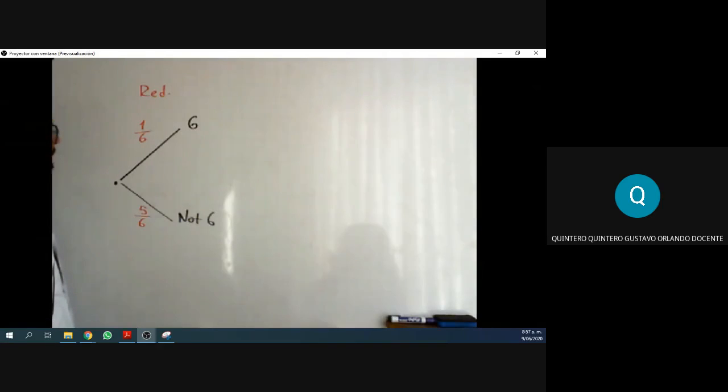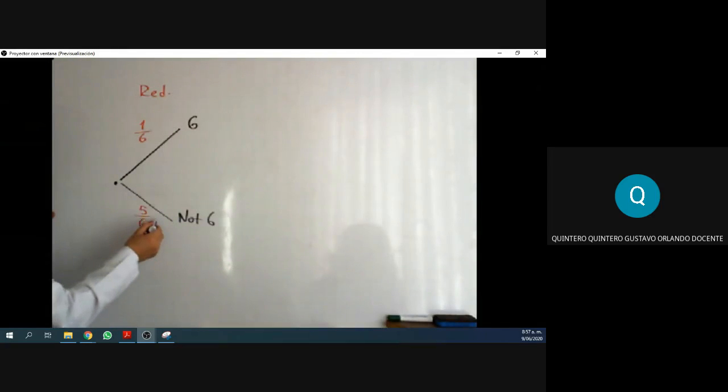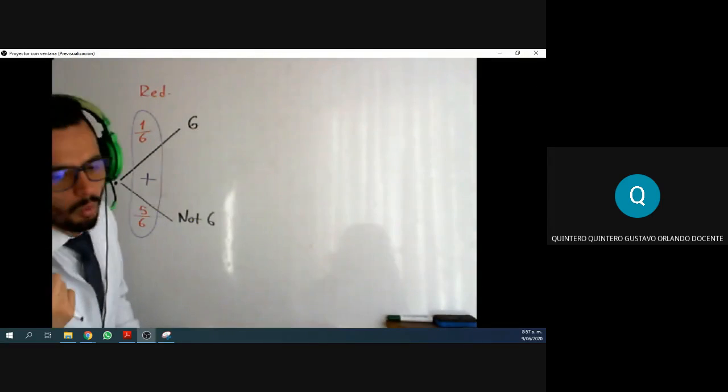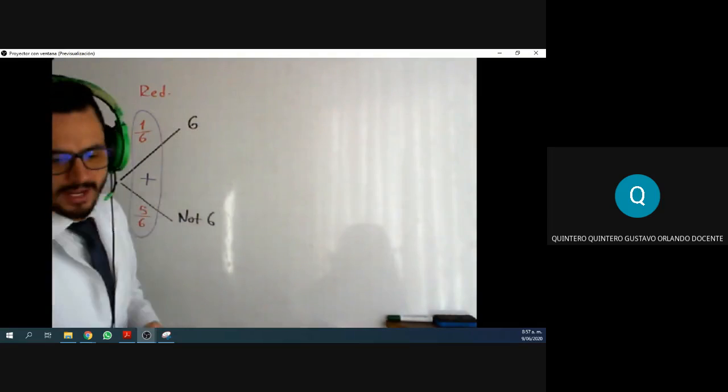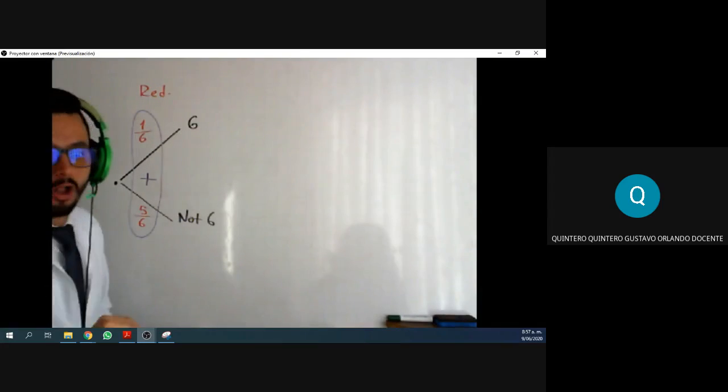And that will continue happening for the entire diagram because we're going to expand this even further. All right. Something more to recognize. These two probabilities, if we add them, are always going to give us 1. 100%. Exactly 1. Always.